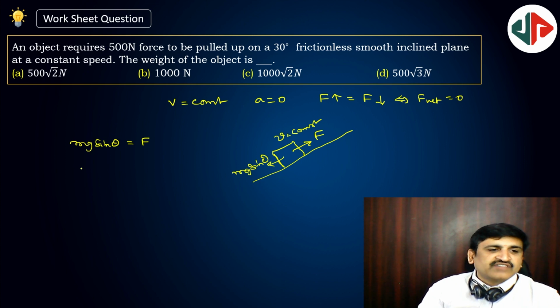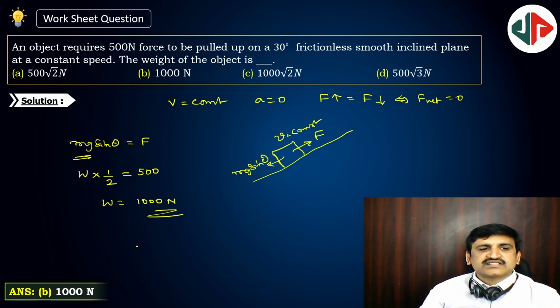Now he is asking the weight of the body. mg is itself weight. W into sin 30 is equal to F, 500 Newton. So W is equal to 1000 Newton. This is the answer. Next.